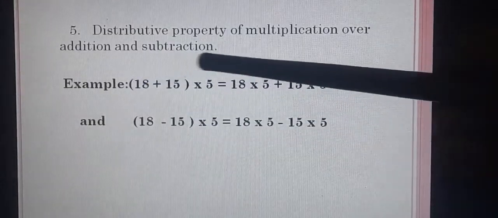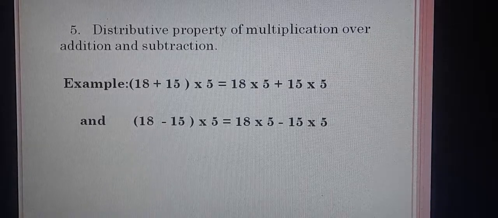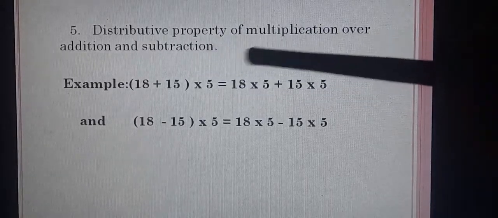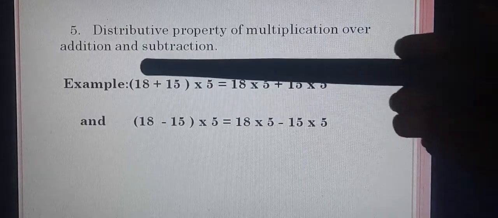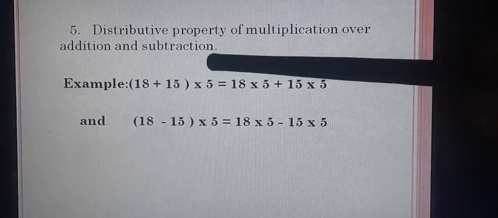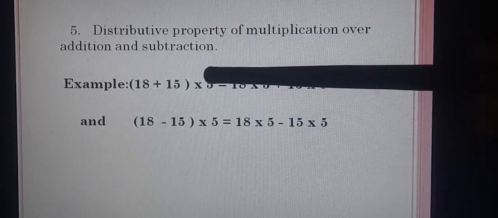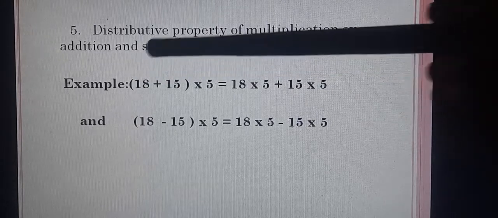Next is distributive property of multiplication over addition and subtraction. Distributive property. 18 plus 15 multiply 5. Now see here, plus is here and 18 and 15 are written in the bracket. So the 5 which is outside will multiply with the first numeral and then with the second numeral.